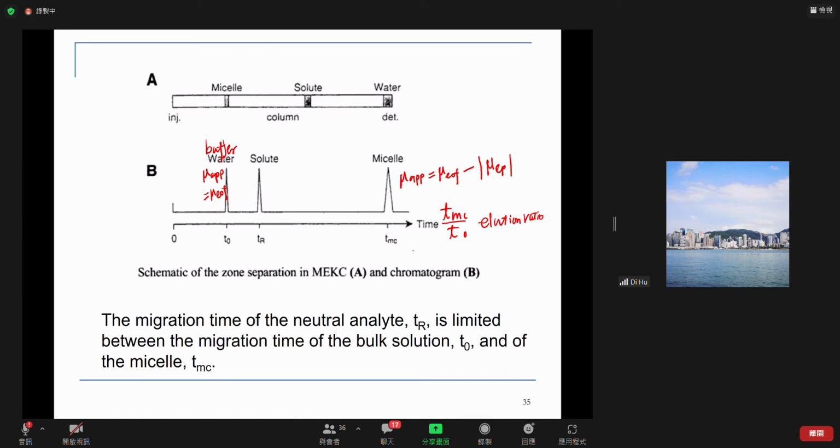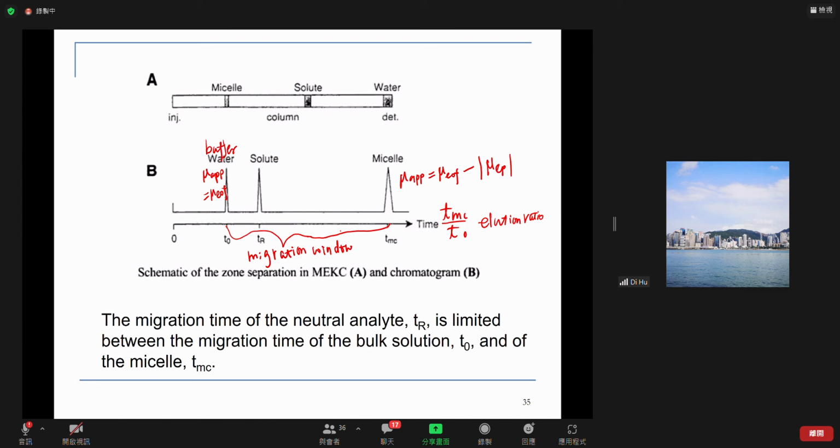And also the time between T0 and TMC is called the migration window, because this is how the neutral compounds can be separated. They are separated between T0 and TMC.